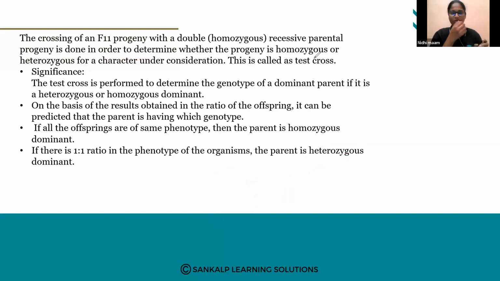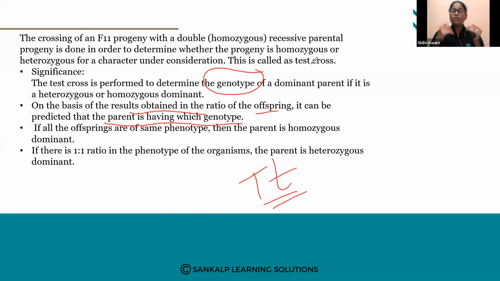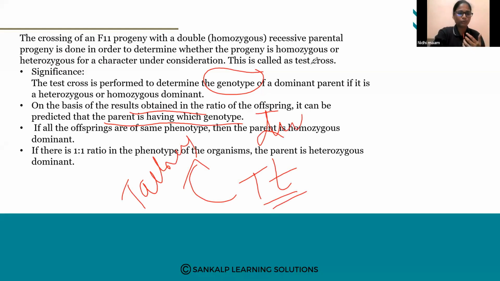Very good. Swati and Sita said this. Fine. Coming to significance, the first one is to determine the genotype of the F1 progeny. On the basis of the results obtained in the ratio of the offspring, it can be predicted that the parent has a particular genotype.